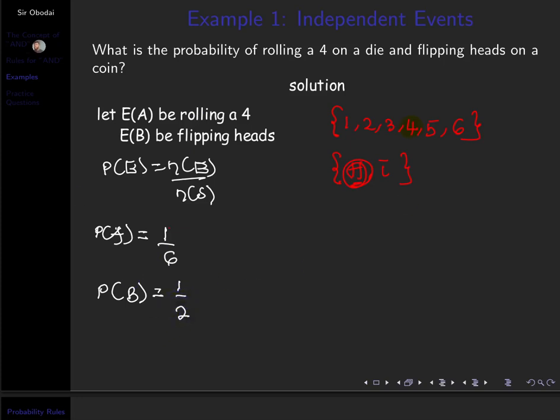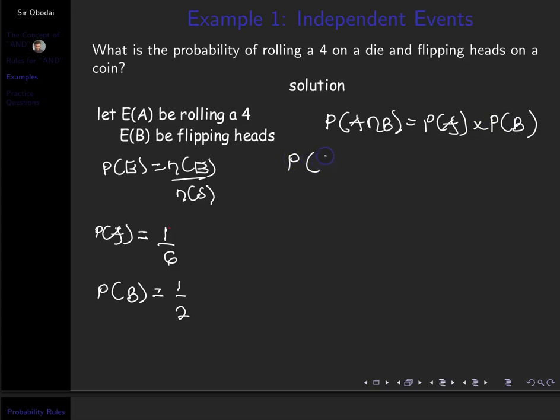So now that we have our probabilities, let's apply our formula. It says, what is the probability of rolling a 4 on a die and flipping heads? We know that the probability of these two events occurring, A and B, is probability of A times probability of B. Substituting, we have 1 over 6 times 1 over 2.